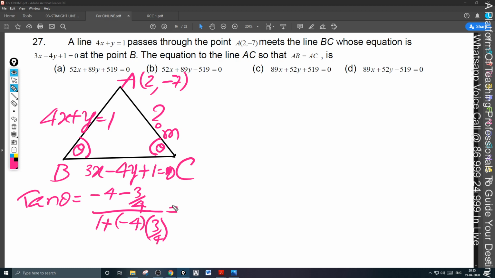That is, we have applied the angle formula to the lines AB and BC.